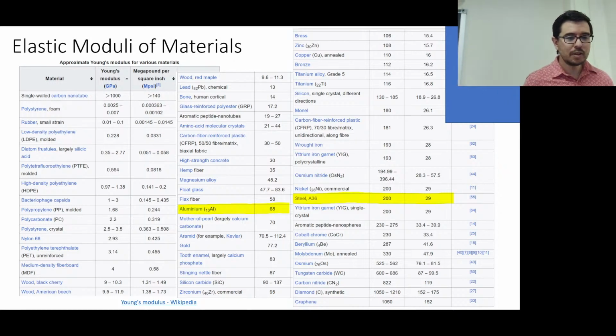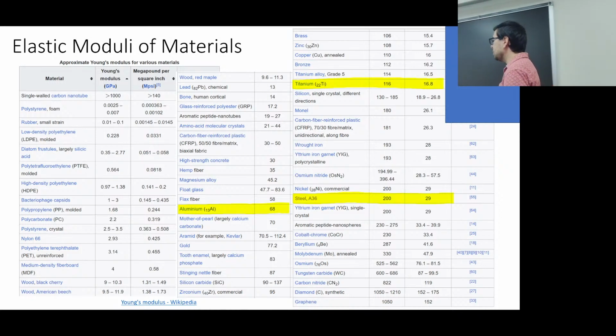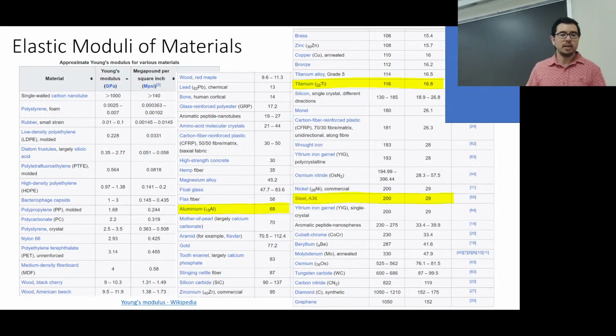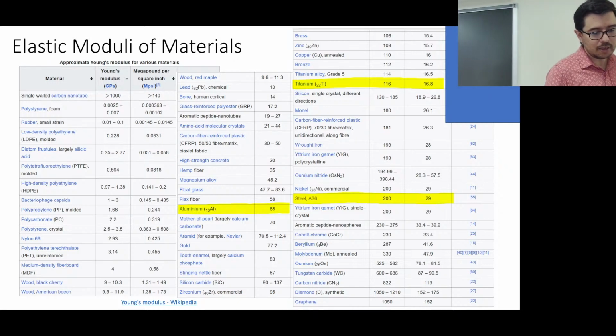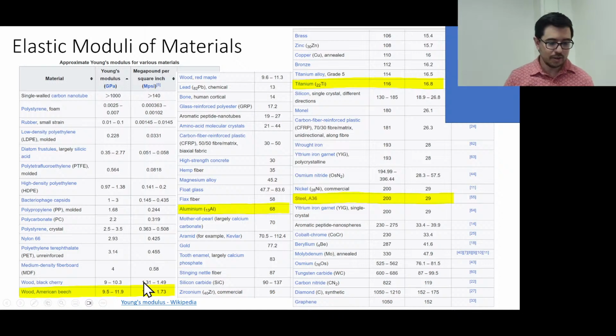Other materials of less renown in terms of how we do things with mechanics: titanium has an elastic modulus around 116. That is not something that I think of every day. I also, unfortunately, don't think of wood a whole lot either, but it has an elastic modulus around 10.